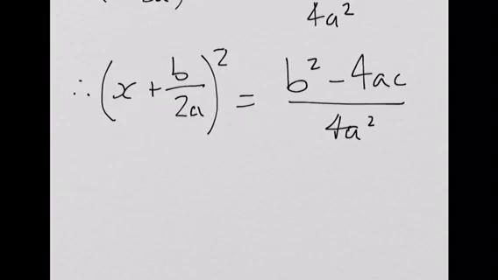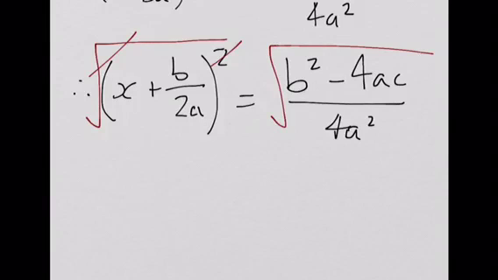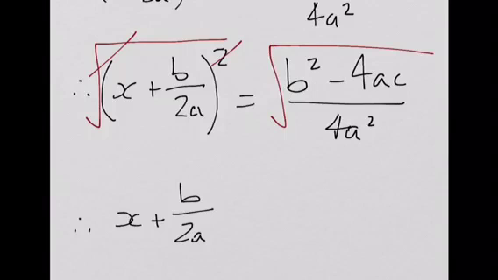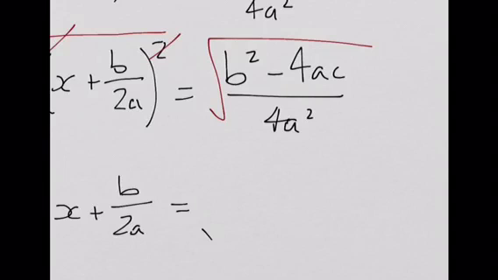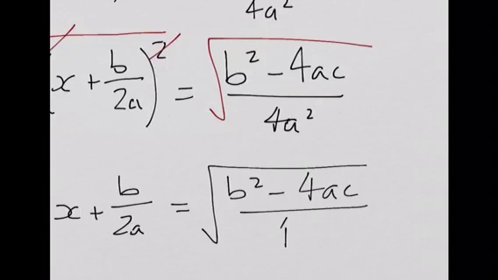Okay, now we'll square root both sides. If we square root the left side, it cancels that square, and then we square root the right hand side as well. Therefore we have x plus b on 2a. So the only x we have now is in the left hand side. That's what we want to get by itself, and we will get that by itself soon enough. The square root of b squared minus 4ac over 4a squared.